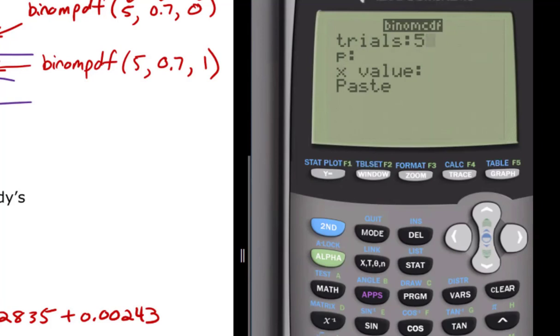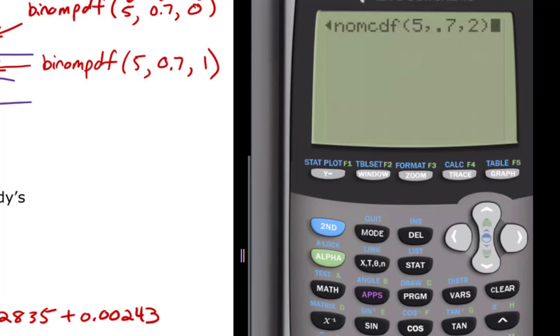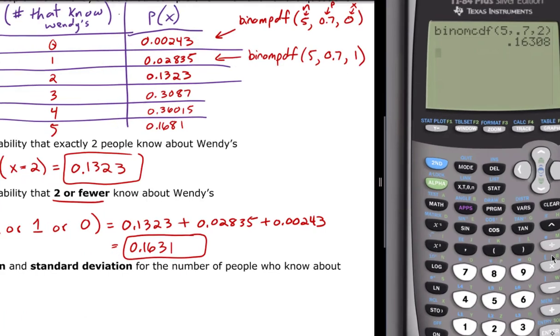If you put in 5, then 0.7, and then down here where you put the X value, let's say we put in the value 2, this is going to add up 2 and everything below 2. So it'd be like 2, 1, and 0. Okay, which is what we actually just did. So you can check this problem using Binomial CDF, which is what we ended up getting.